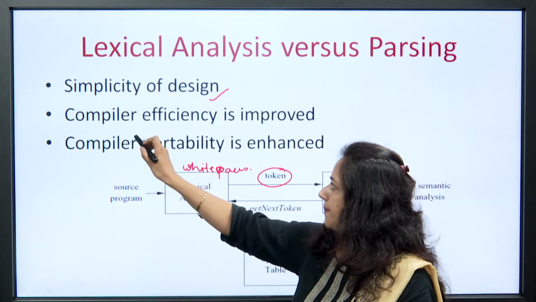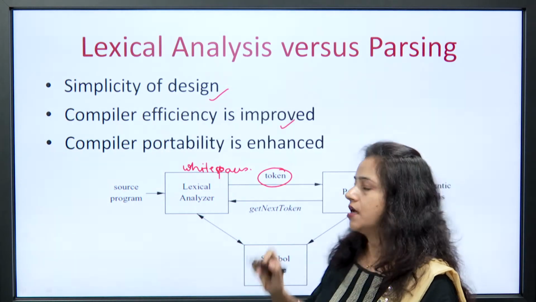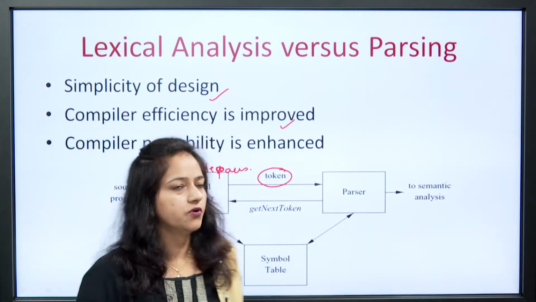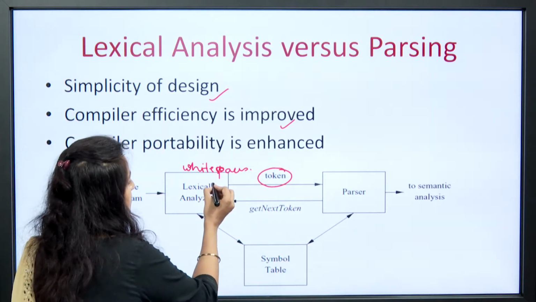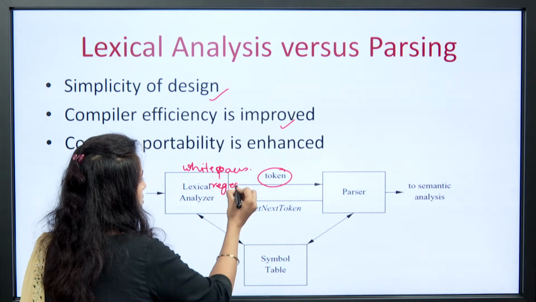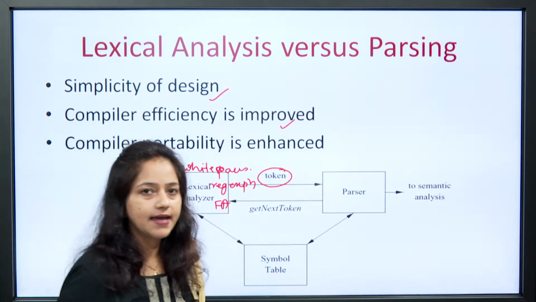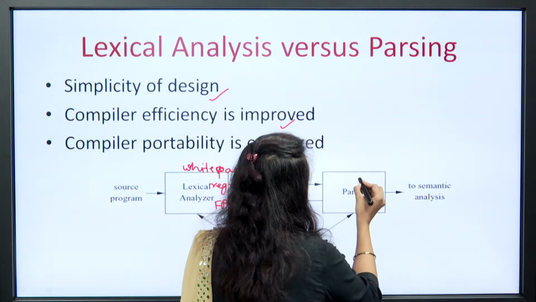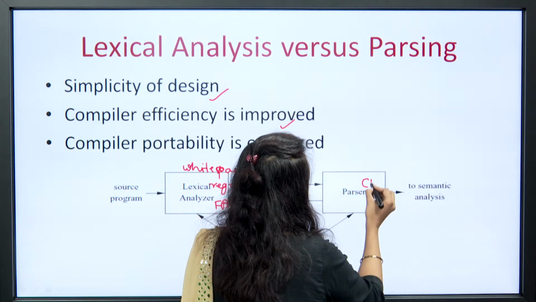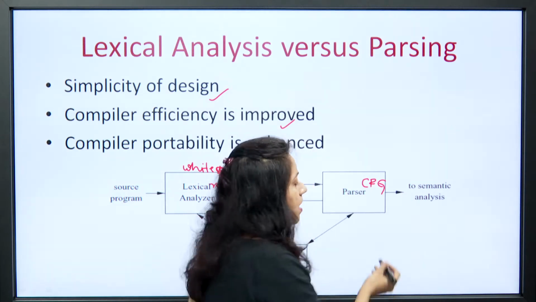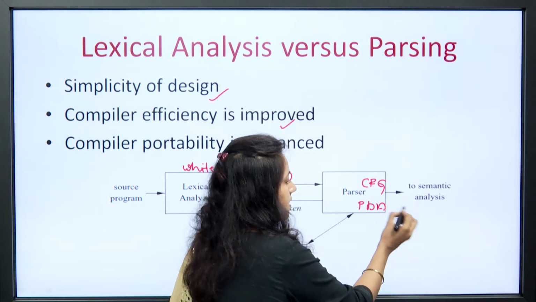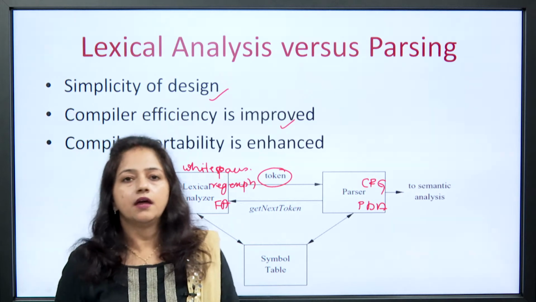Similarly, next is that compiler efficiency is improved. How is compiler efficiency improved? Because in lexical analysis we use regular expressions to describe the patterns. Here we use finite automata to recognize the patterns, and here we use context free grammar to define the grammar, and here we use pushdown automata to recognize the grammar.